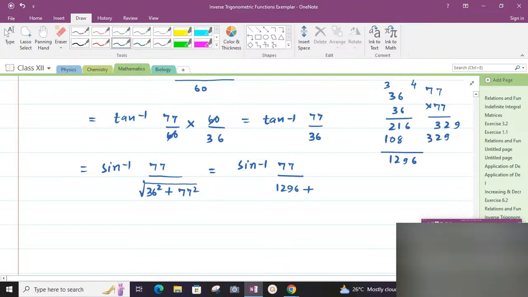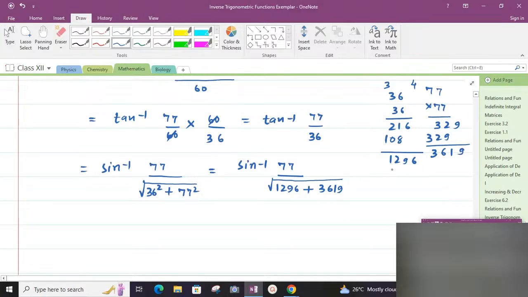The addition will be 5929. We write 1296 plus 5929, that is 7225, over root.